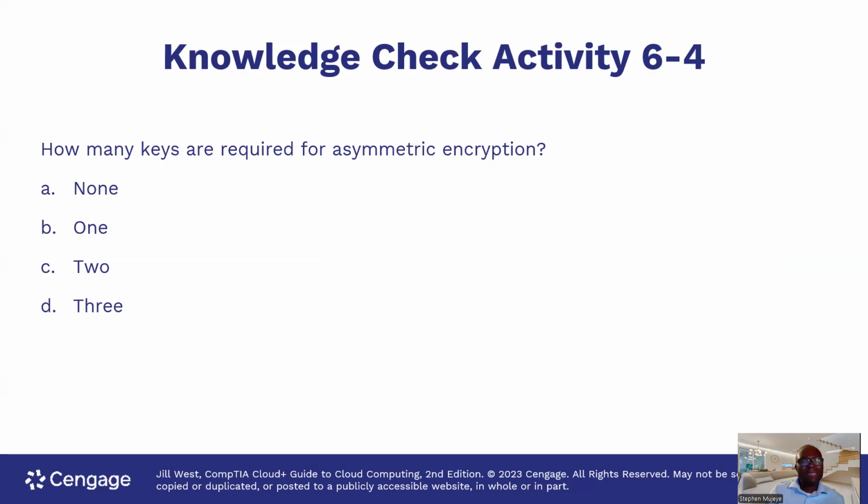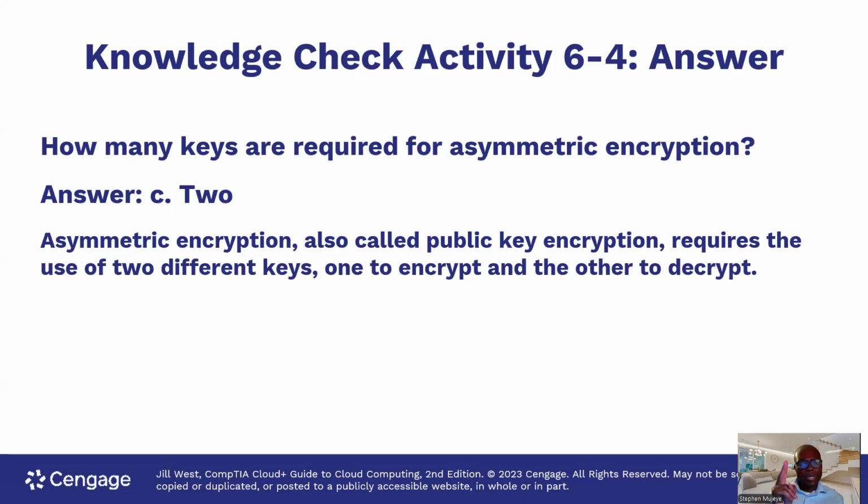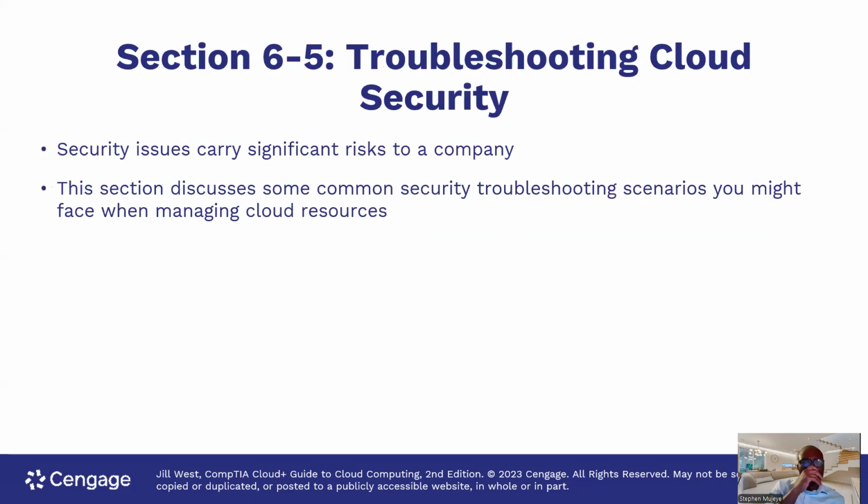How many keys are required? Two keys. Asymmetric encryption, also called public key encryption, requires the use of two different keys. One to encrypt and the other one to decrypt.